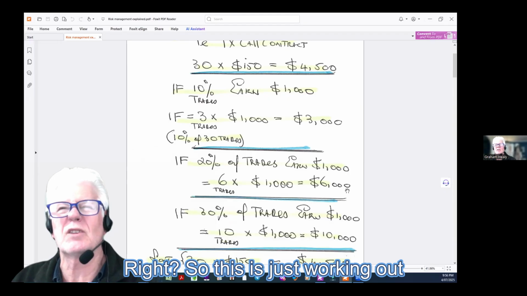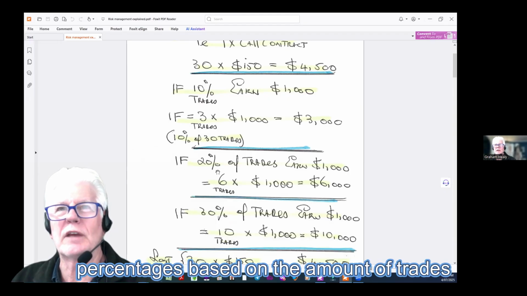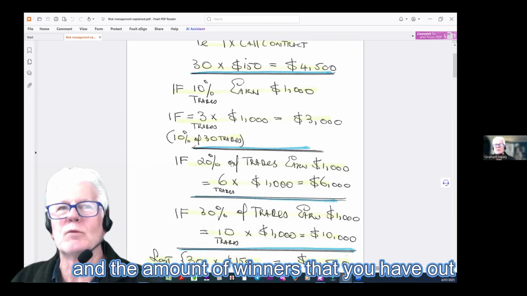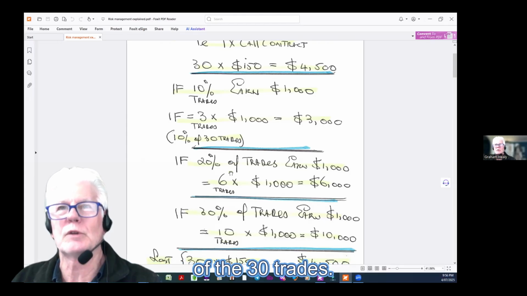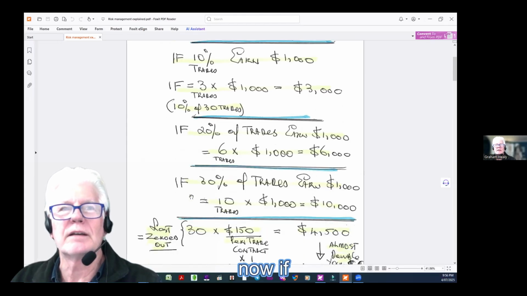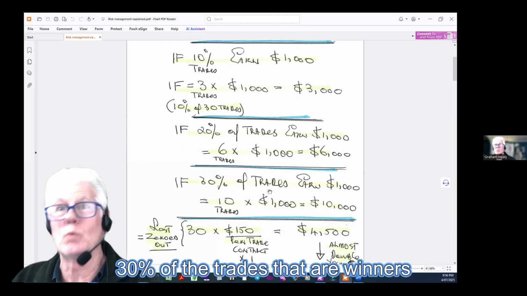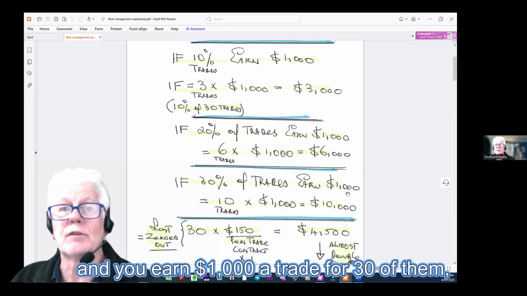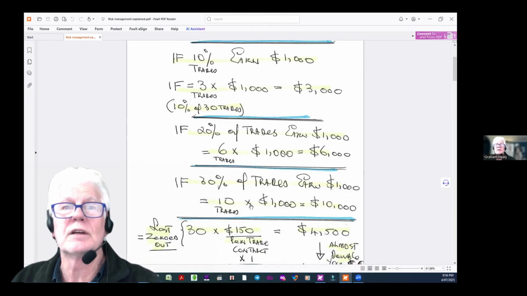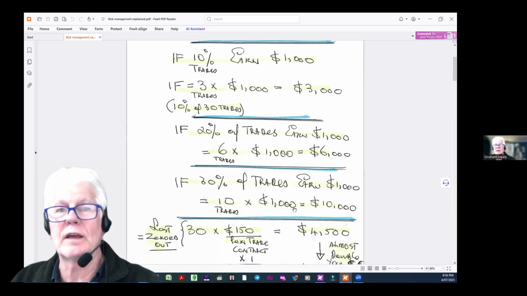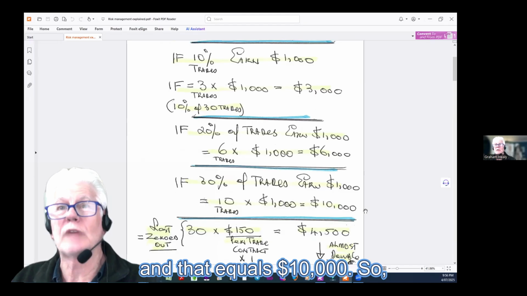All right. So this is just working out percentages based on the amount of trades that you've got and the amount of winners that you have out of the 30 trades. So now if you've got 30% of the trades that are winners and you earn $1,000 a trade, that means 10 trades by $1,000, and that equals $10,000.